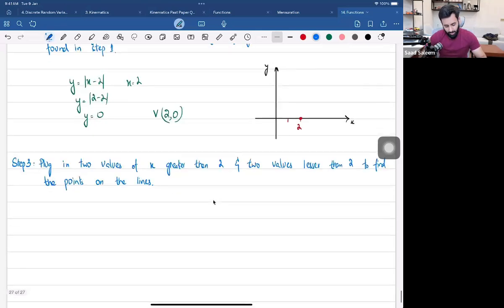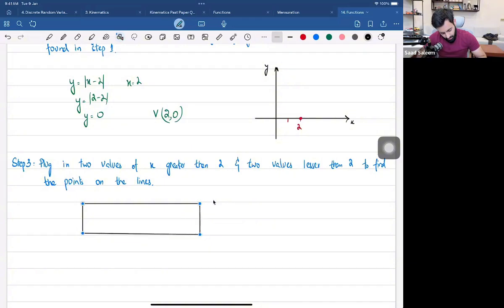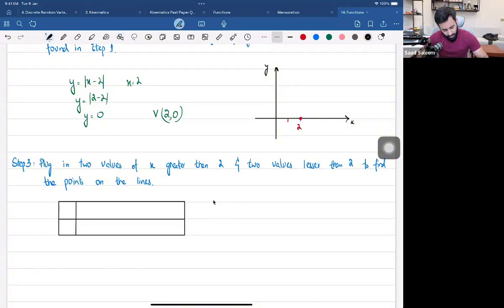So what we're going to do is make a table. So here's our table. Here's x, here's y. Now the x coordinate of the vertex, in fact the vertex itself, is going to be right in the center.